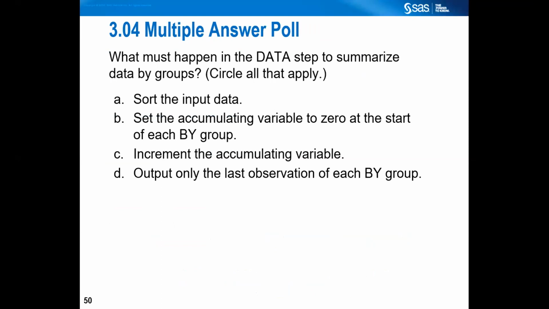Okay, so just answer this poll. What must happen in a data step to summarize data by groups? Circle all that apply. All of them. I think the first step is not required in the data step.